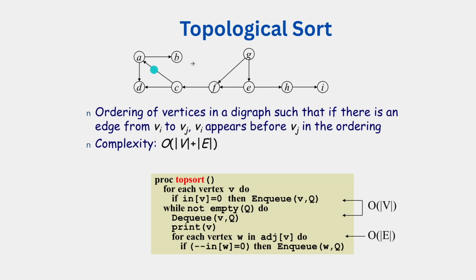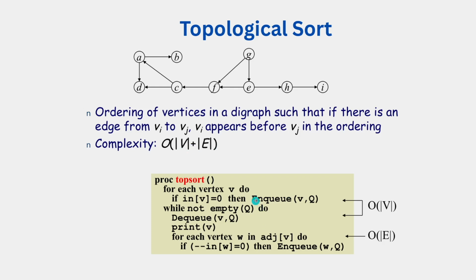So, here we have a directed acyclic graph. Our topological sorting would put your graph in some ordering in such a way that if there is an edge from Vi to Vj, then Vi will appear before Vj in the ordering. And the complexity for doing this sorting is order of number of vertices plus number of edges.